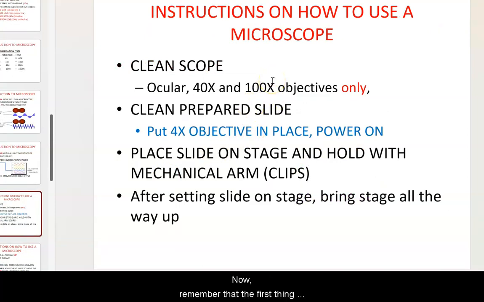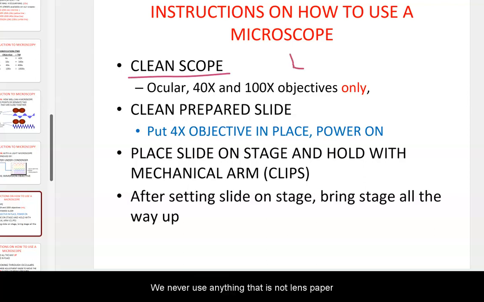Now, remember that the first order of business when we are using a microscope is the cleaning of the scope. When we clean the scope, we use lens paper. We never use anything that is not lens paper to clean the lenses of a microscope.